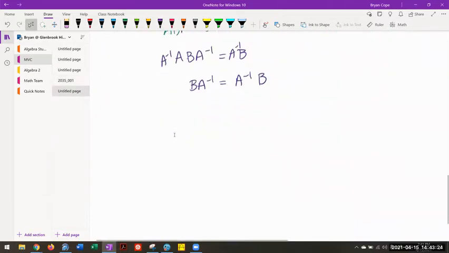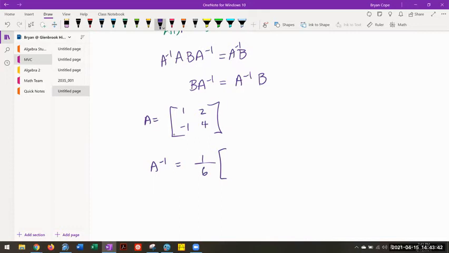Okay, let's try it. Let's take a 2 by 2, just an easy one: 1, 2, -1, 4. Okay, that'll work. Now let's find its inverse. So this is A. Let's find A inverse. That's going to be 1 over the determinant, which is 4 minus -2, so 1 over 6 times, what do we do again? 4 goes there, 1 goes there, -2 goes here, and 1 goes there.